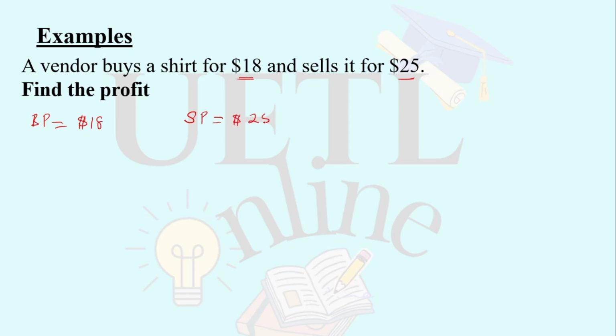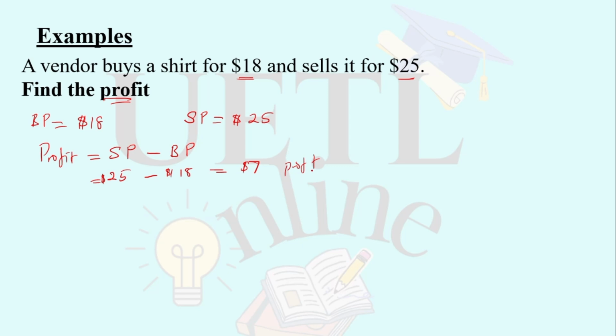The question says find the profit. The formula for profit is selling price minus buying price. We just have to subtract: $25 minus $18. The profit is $7.